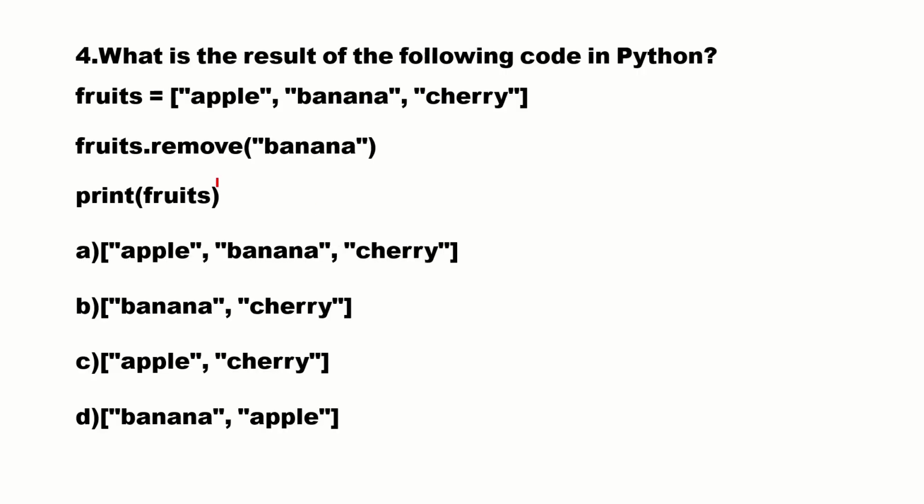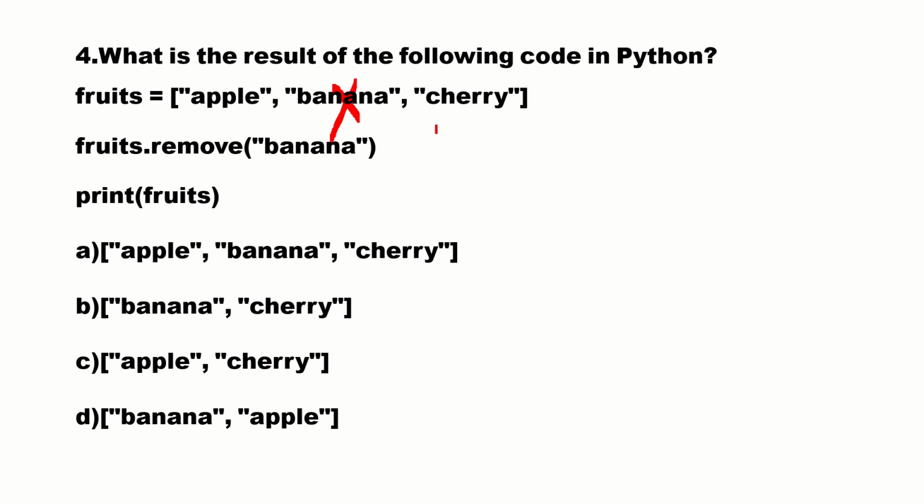Next question, what is the result of the following code in Python? See here one list is given and it asks you to remove banana from that list. The remove method removes the first occurrence of a given item from the list. Remove will report an error if there is no such item in the list.